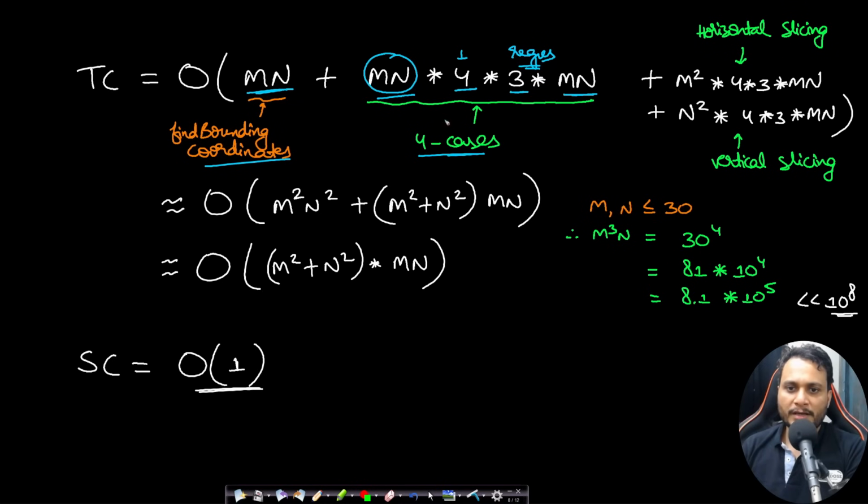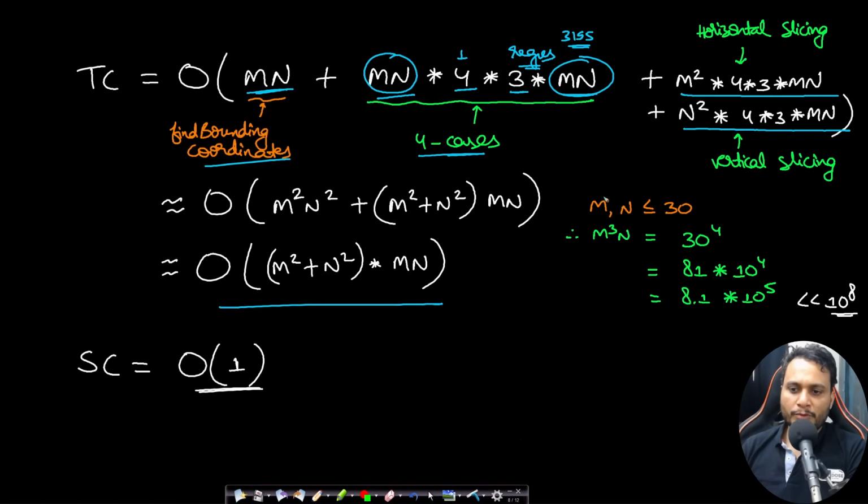So this part has come from the solution for 3195. Okay, and the other 2 cases are the horizontal slicing case and the vertical slicing case. So if you add up the time complexity, then we will end up with order of m square plus n square times mn.